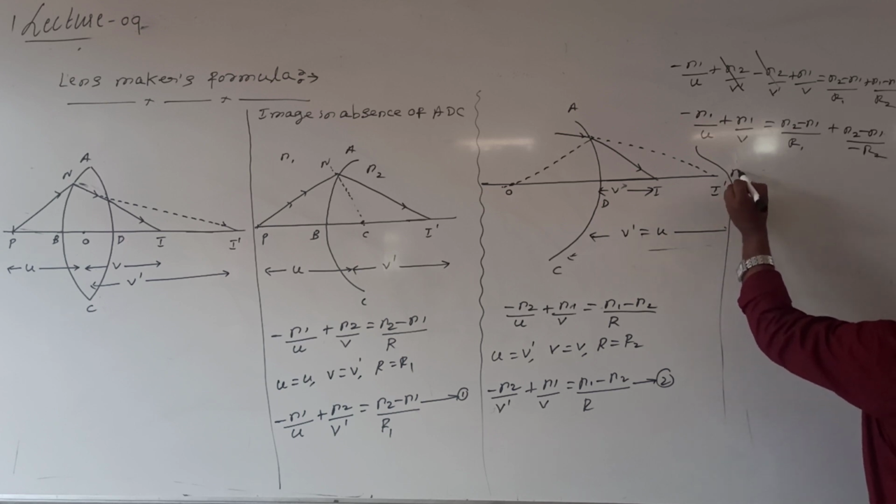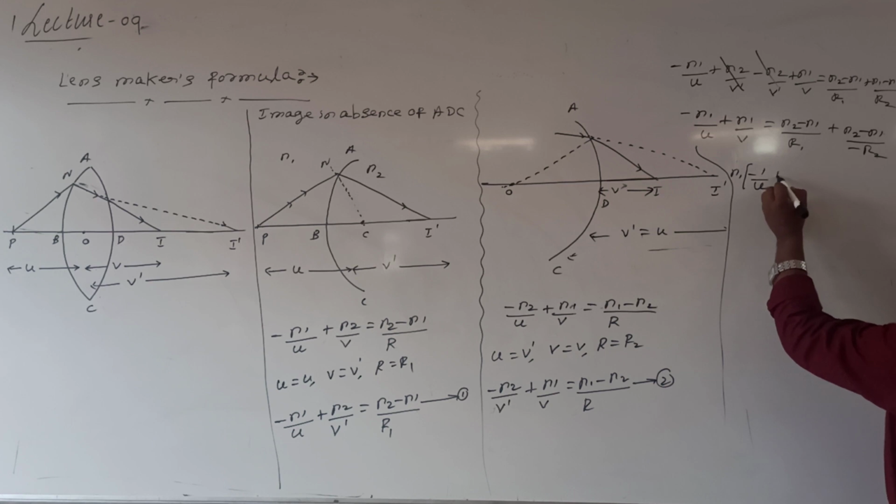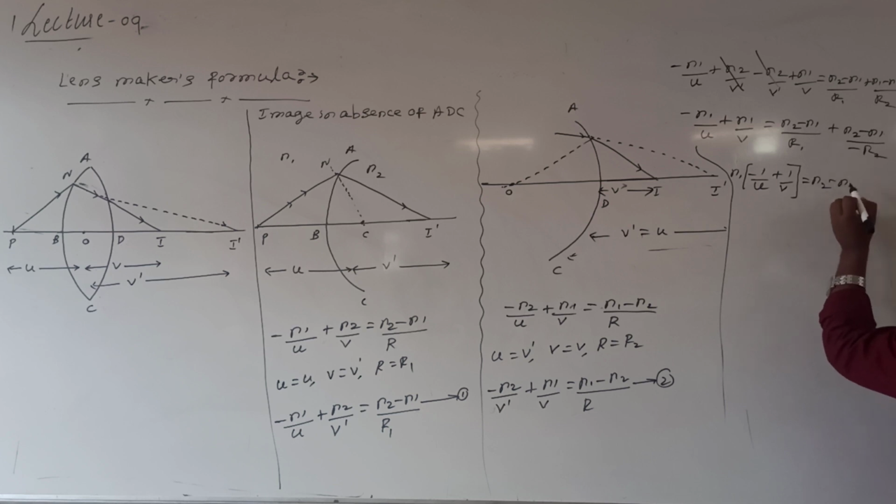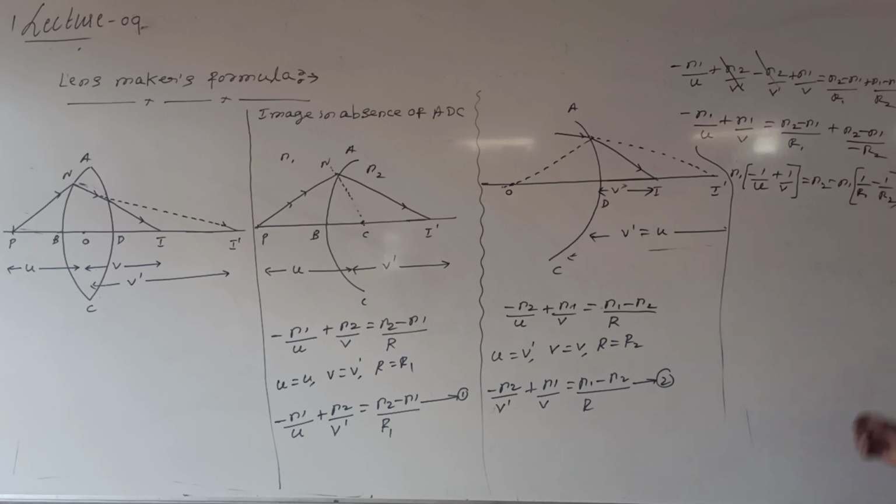N1 is common into bracket minus 1 divided by U plus 1 divided by V is equal to N2 minus N1 common. What is remaining? 1 divided by R1 minus 1 divided by R2.